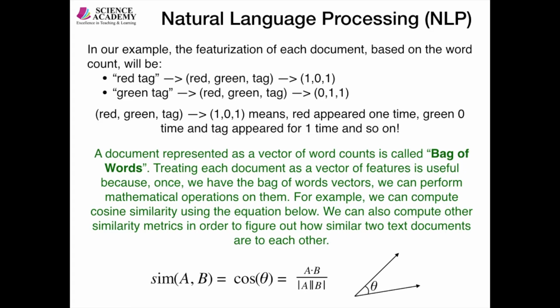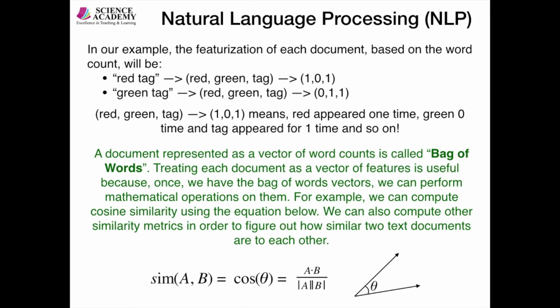For document 2, green tag, red green tag, 011. So 101 means red appeared one time, green zero times, and tag appeared one time, and so on. A document represented as a vector of word counts is called bag of words.